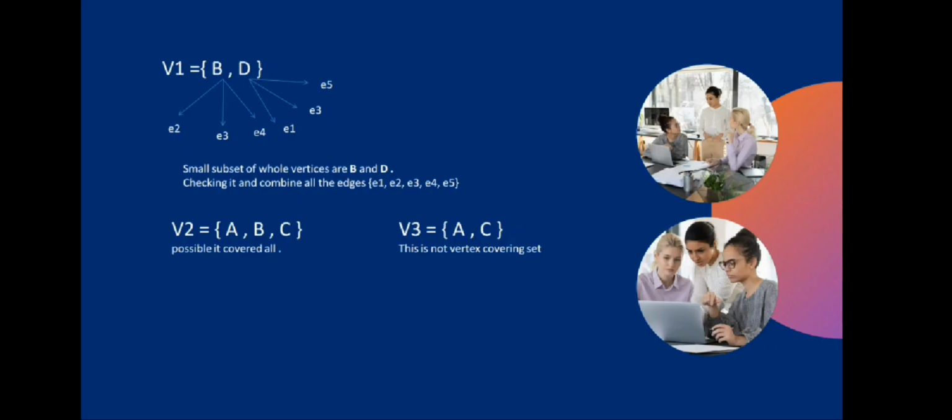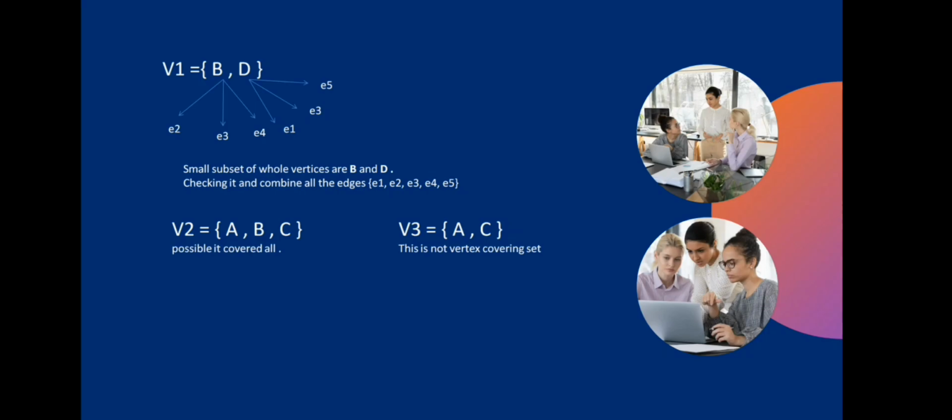Now let's see that example. Here V1 equals B and D. As already said, B has 3 edges and D has 3 edges. If we take the union, we will get all the edges. Now we all know about vertex covering.